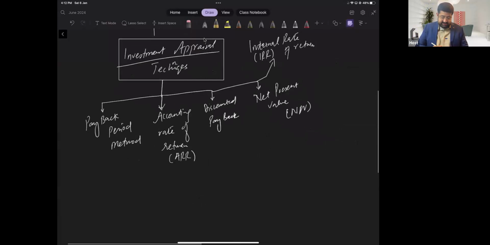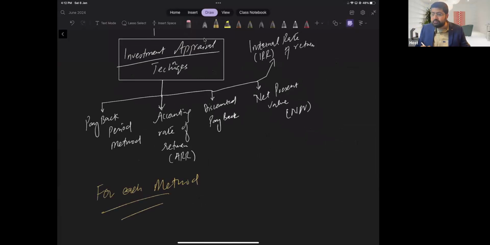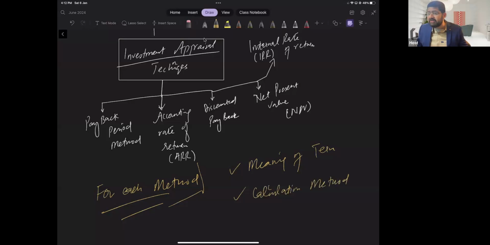Remember, for each method we need to know the meaning of the term, for example what is the meaning of payback, ARR, NPV, IRR. The calculation method, how it is calculated.